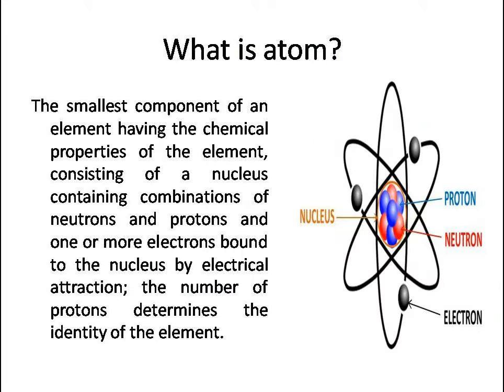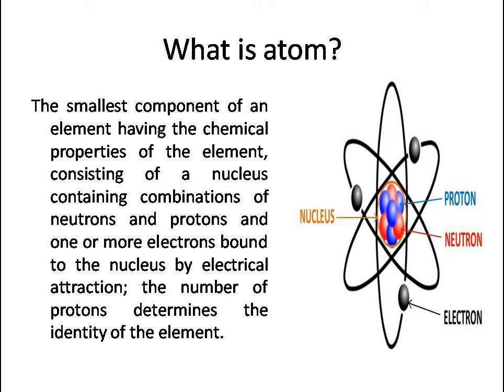Before understanding the concept of current, it is very necessary to learn a few basic terms. What is an atom? As you all know, an atom is the smallest particle which cannot be divided further. An atom comprises a few more particles.